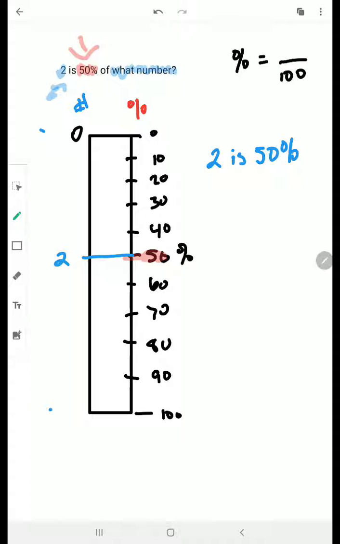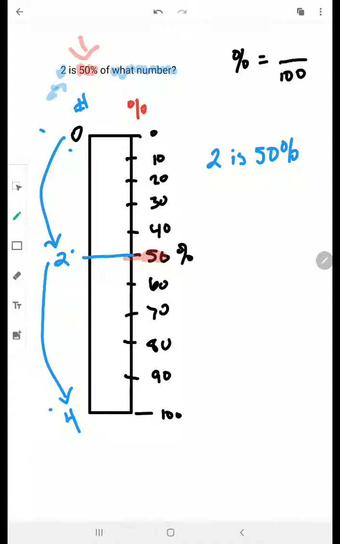So when I look at this, from here to here is 2. And that means that from here to here is another 2. I've gone from 0 to 2 to 4.